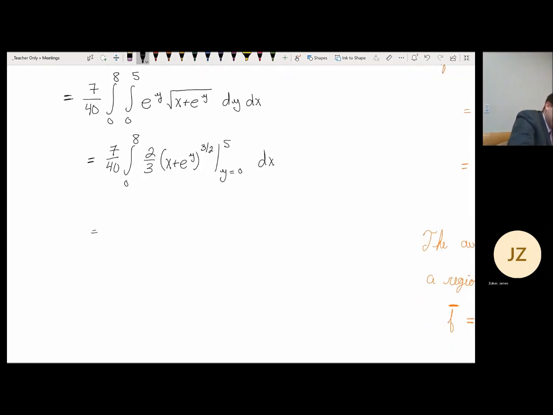Factor out that 2/3. Left with 7/60. Integral 0 to 8. That was going to be fun.